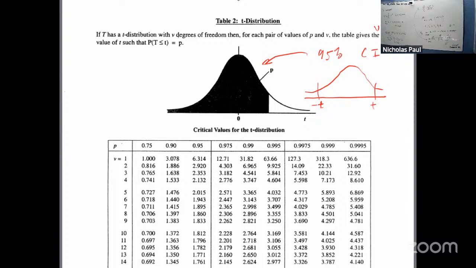Be careful, remember, inside here is 95%. As I said, 7 degrees of freedom.